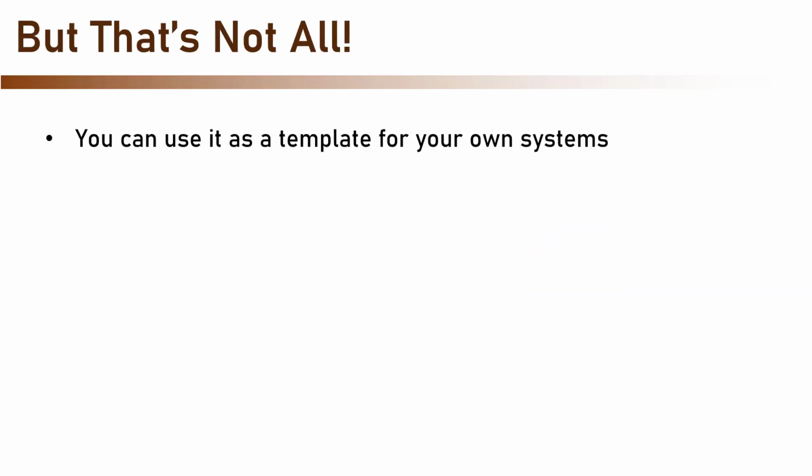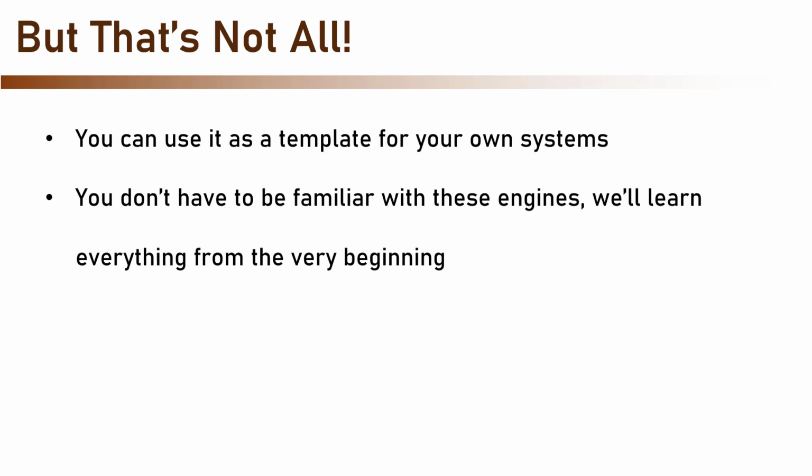This, of course, is a great opportunity for you to work on a baseline of an event-driven system, and you are free to use the system we will build as a template for your own architectures and systems. Now note, you don't need to know anything about these engines or event-driven concepts as a whole. We will learn everything from the very beginning.